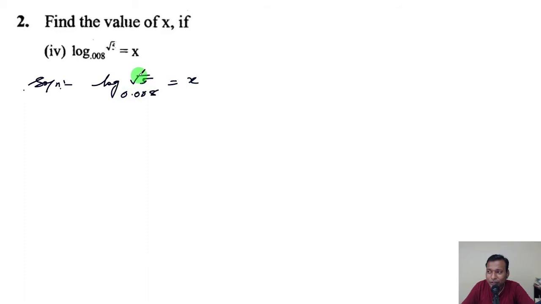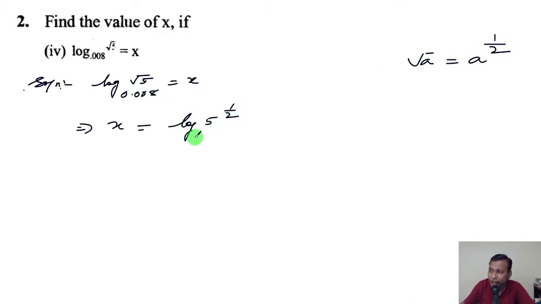So if it is square root, we will write it in this form, because whenever the log is of the form root a, write a power half. So root 5 is 5 power half, and the base 0.008.